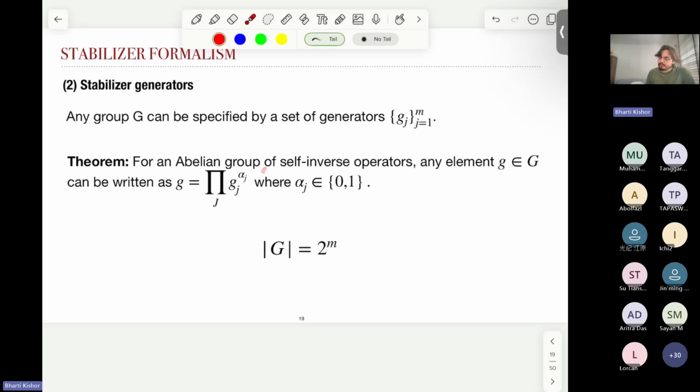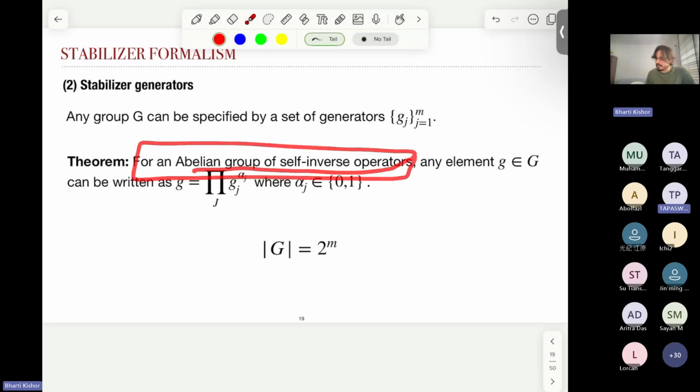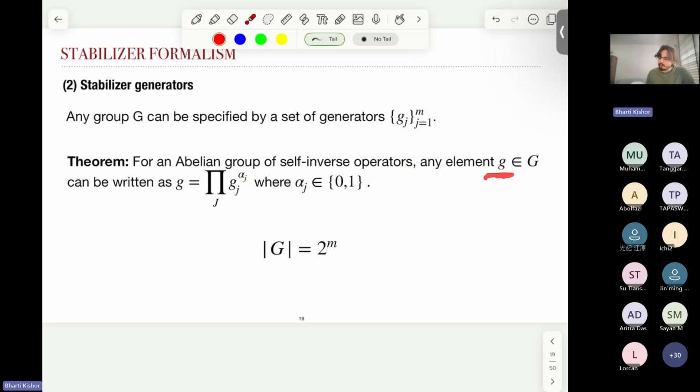For an abelian group of self-inverse operators, which is our case because Pauli operators are self-inverse, any element of the group can be written as the product of g_j to the power alpha_j, where alpha_j is 0 or 1. Let's say the total number of generators is M.